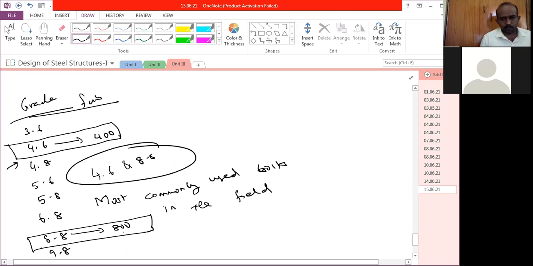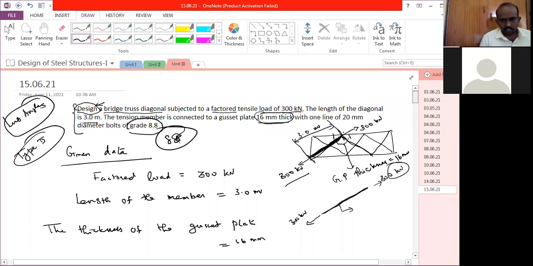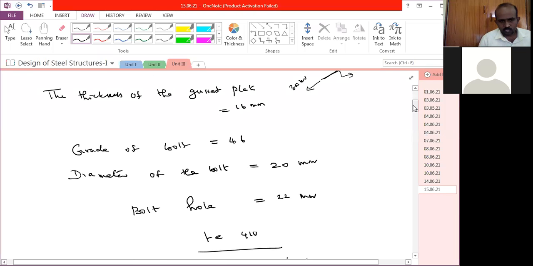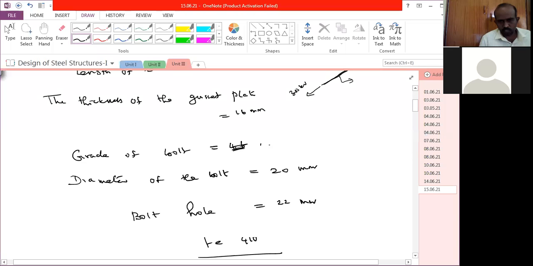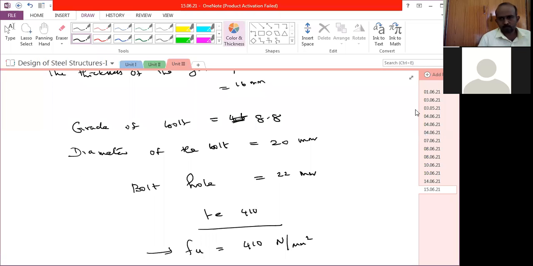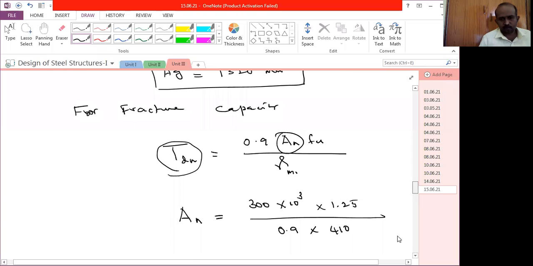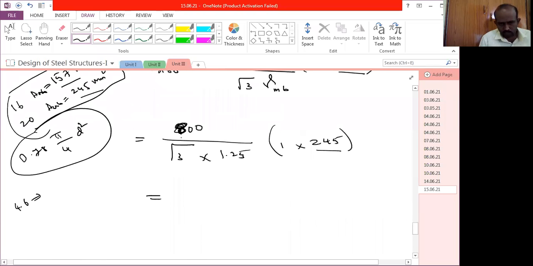I forgot to mention that this is 8.8 grade of bolt, that means it's not a 4.6 grade of bolt. So for 8.8 grade of bolts, we have to use 800 Newton per mm squared. So now you calculate and tell me.